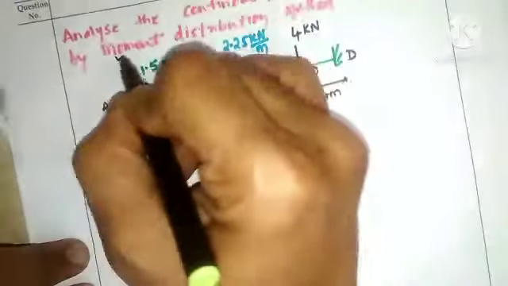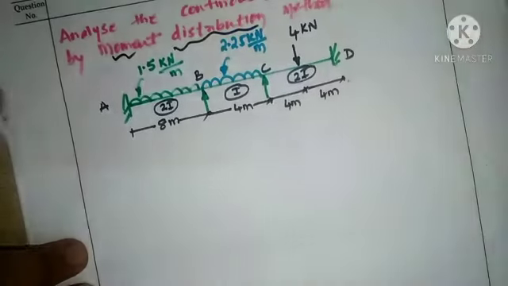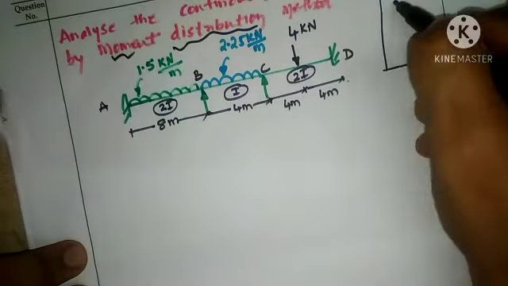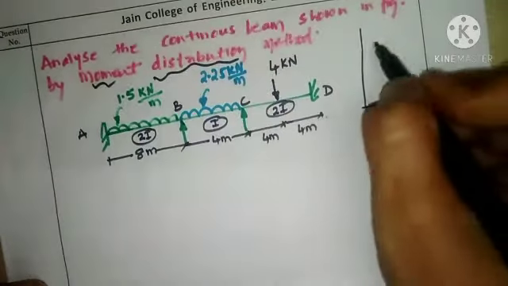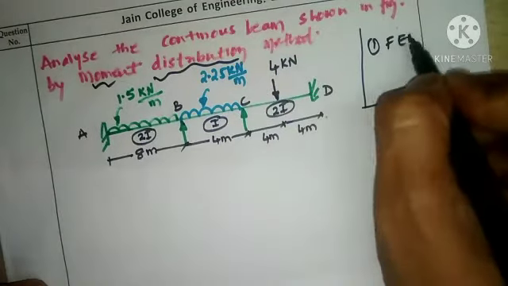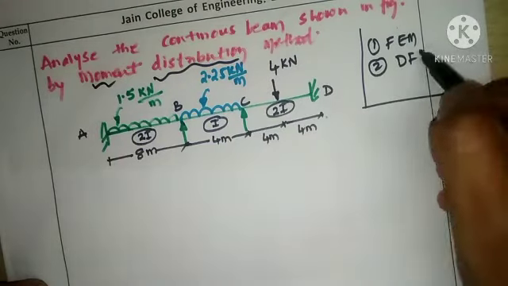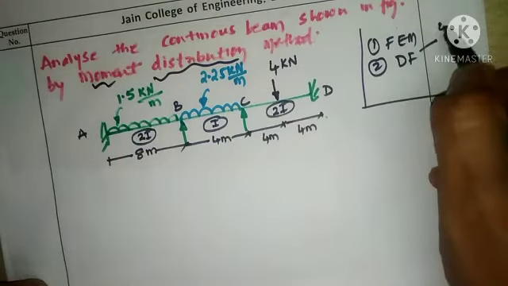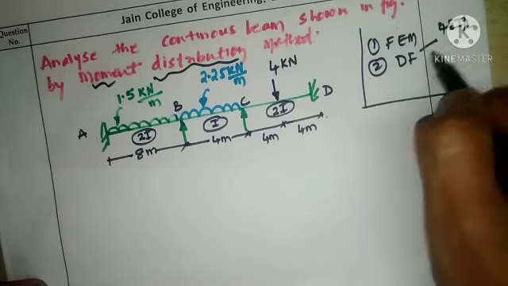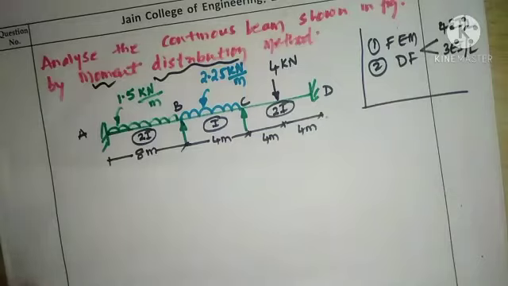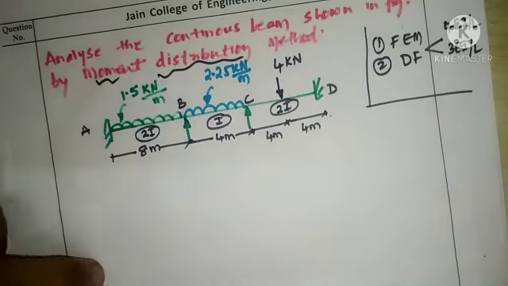Now, when we want to solve by moment distribution method, it is basically a three-step procedure. As mentioned and solved in the previous sessions, the first step is to find out the fixed end moments. Next is to find out the distribution factor. In the case of distribution factor, there are two formulas: one is 4EI by L and the other is 3EI by L, depending upon the type of support we are going to consider on either side.